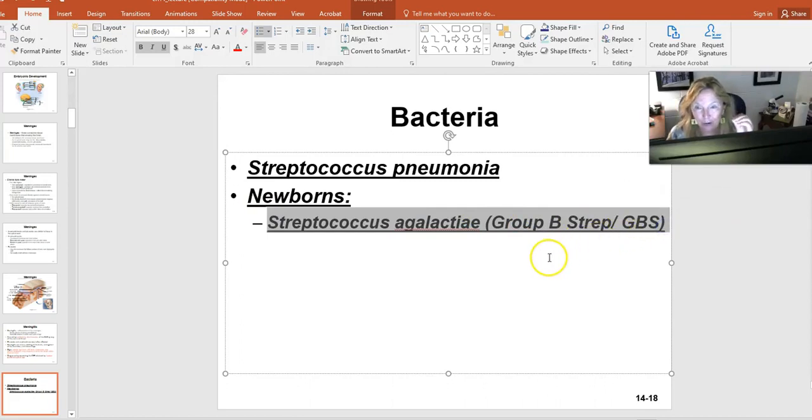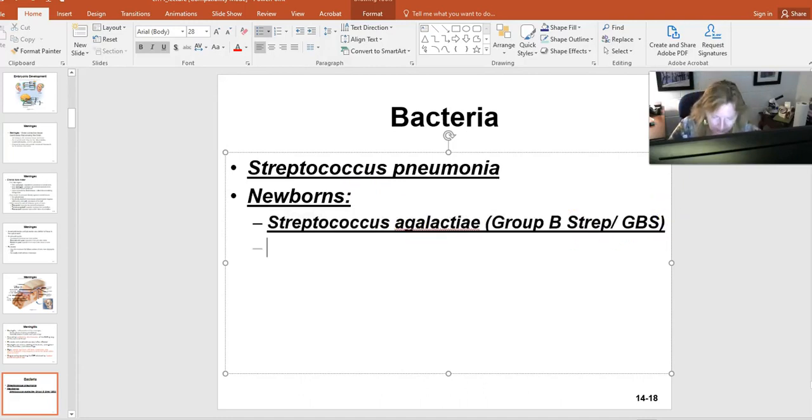So that prenatal practice of screening women's vaginal areas, doing a quick test to see if they are carriers of this, which doesn't hurt them and doesn't hurt most babies coming through, but can cause meningitis of the newborn, and then giving that antibiotic when they go into labor has drastically reduced the deaths from meningitis in newborns. What a wonderful thing modern medicine is, right?